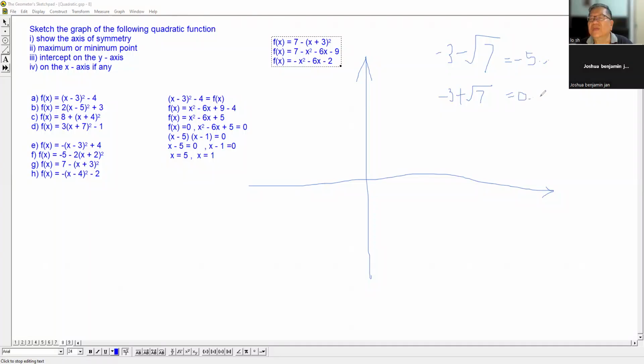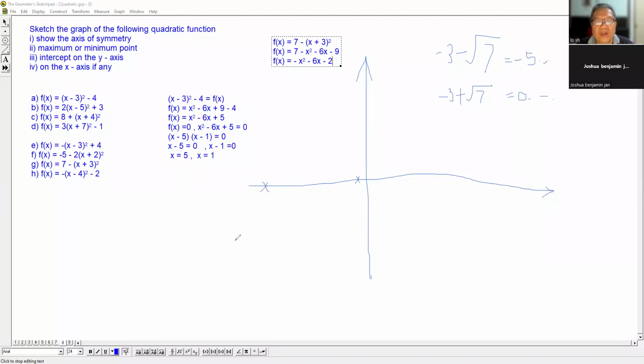So now I know already. One is negative 0 point something, another is negative 5 point something. So I have these two roots. Then where does it cut the y-axis? The y-axis is this one, negative 2.